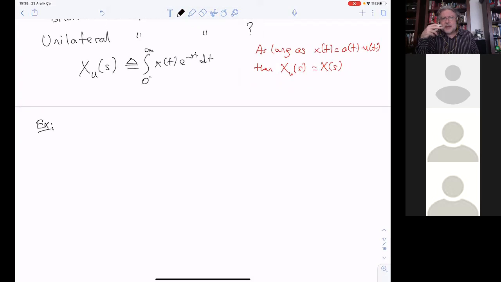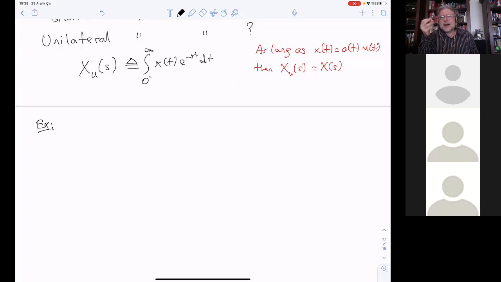The bilateral, the normal Laplace transform requires the knowledge of x of s as well as the region of convergence. You remember that? The x sub u does not require the knowledge of the region of convergence, because it's always to the right-hand side, always to the right of the rightmost pole.